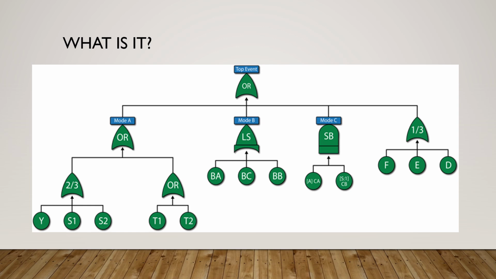But wait, there's more. This analysis is a graphical tool that illustrates the system, its connections, and enables exploration in identifying potential system failures and causes through Boolean logic and Bayesian probabilities.